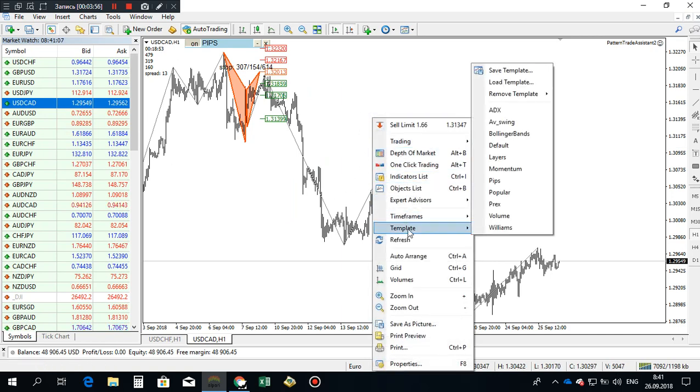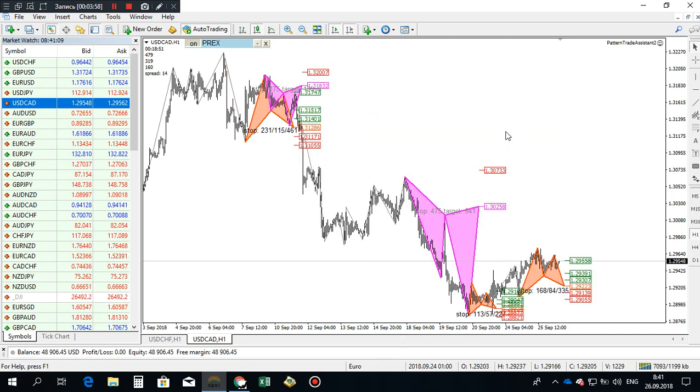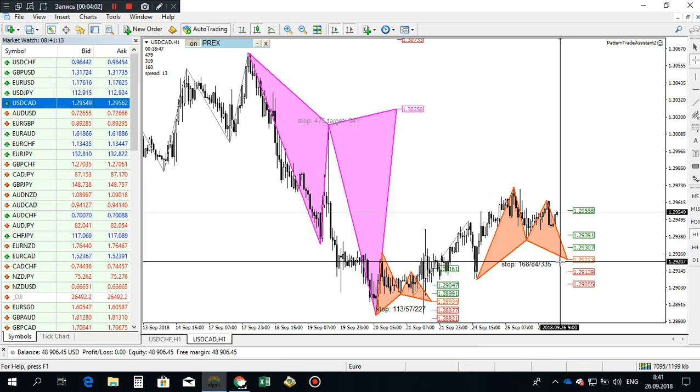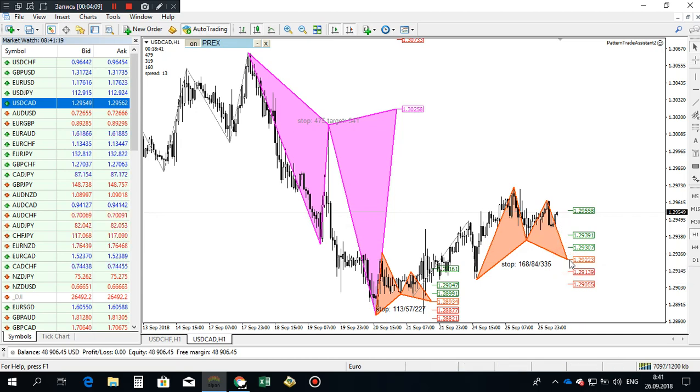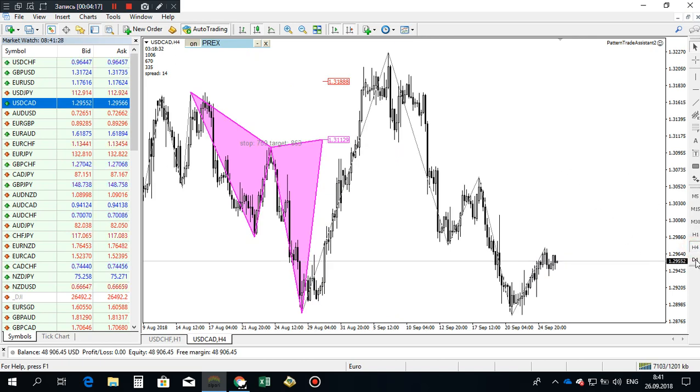We will use the Forex template. Okay, so what we have on this pair? Basically we have this unified godly, a bit far from completion, but still, if it goes there, it will give us a high probability setup. On 4 hour we have nothing.